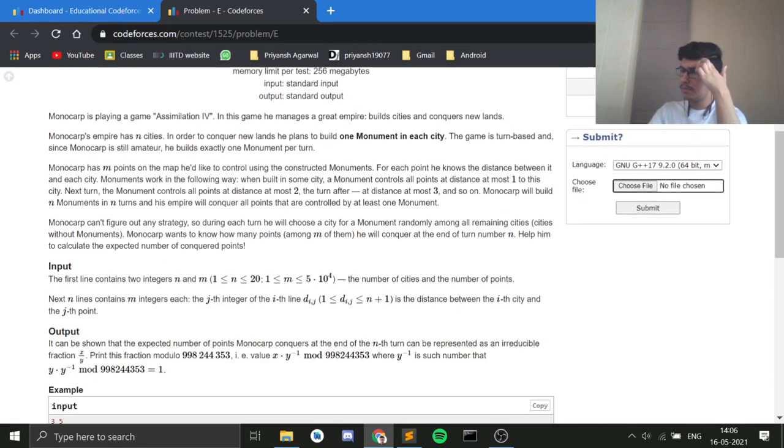So if I try out all possibilities, then we still have to check which points are to be included.